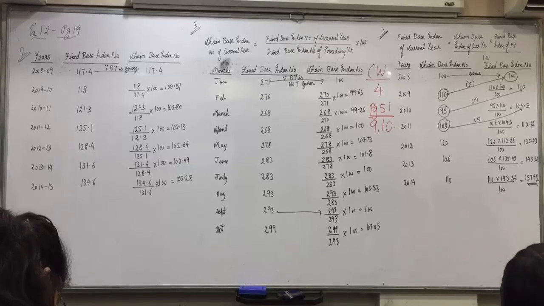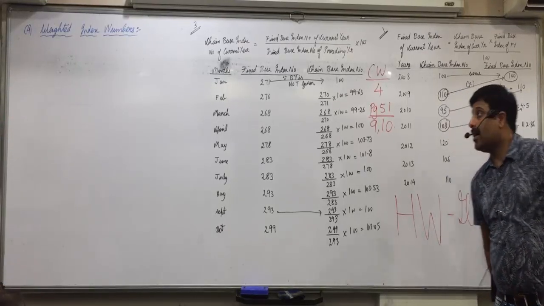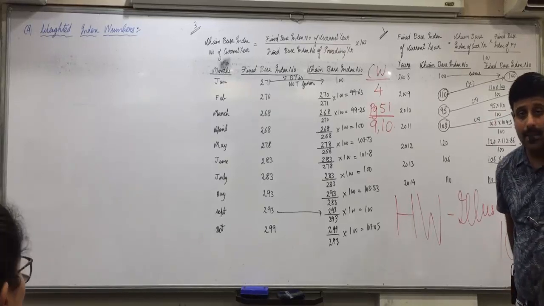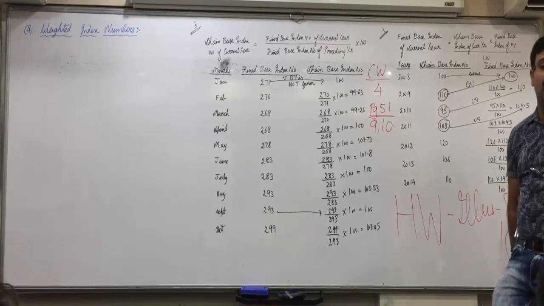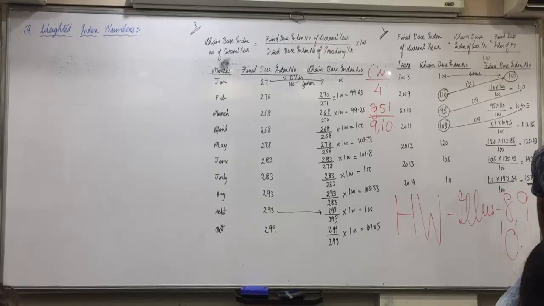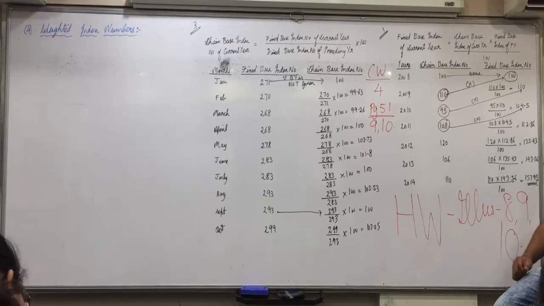Page 51, questions 9 and 10. Be careful in 9 and 10 and be particularly careful when FBI is to be converted into CBI, whether base year is given or not. Illustration 8, 9, 10 is your homework. Then in the formulas page you will give that heading.